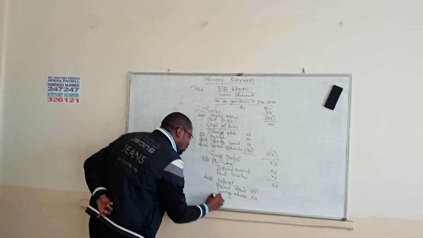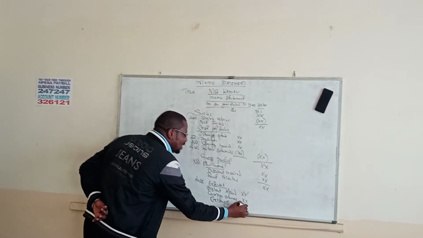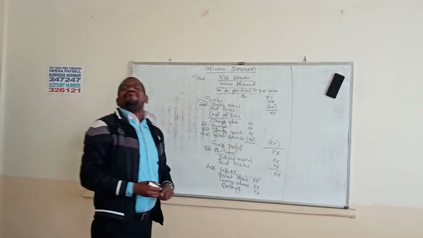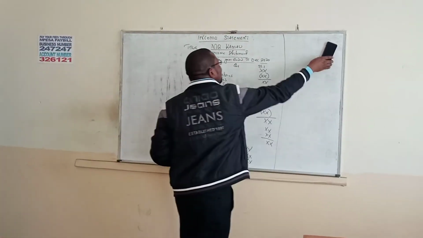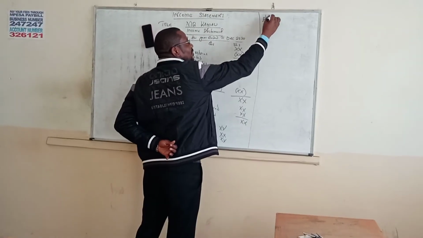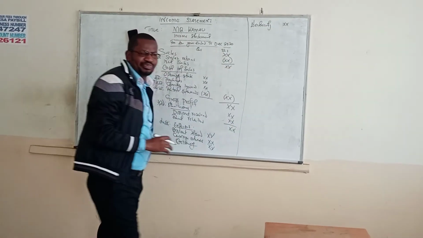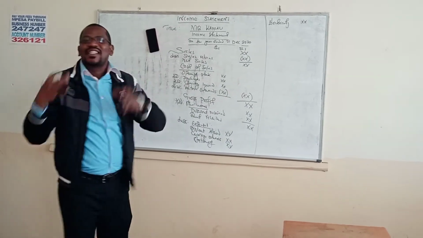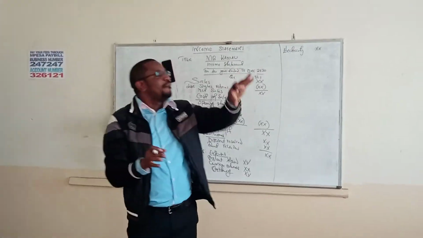Stationery. So the entity paid some money for stationery, which is an expense. Also, we are talking about electricity, which is an expense. Then interest paid on loan: Mr. Kamau has taken a loan, but not the value of the loan, rather interest paid on the loan.